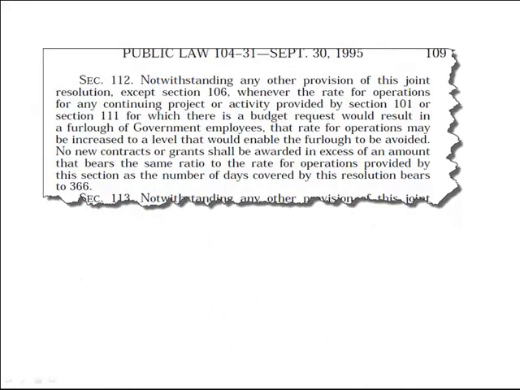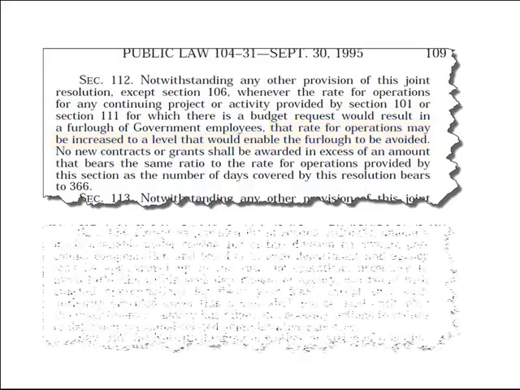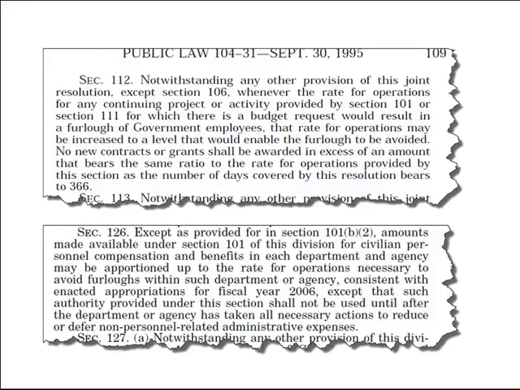Furlough language first appeared in a CR in 1995 due to problems created by the limited funding in CRs. In that CR, the rate of operations could be increased to avoid furloughs. By fiscal year 2007, however, the furlough language changed to only allow OMB flexibility in apportioning available funds to avoid furloughs, but provided no extra funding.